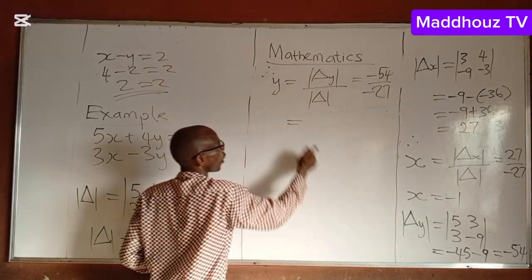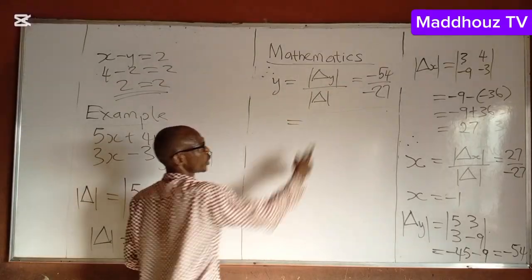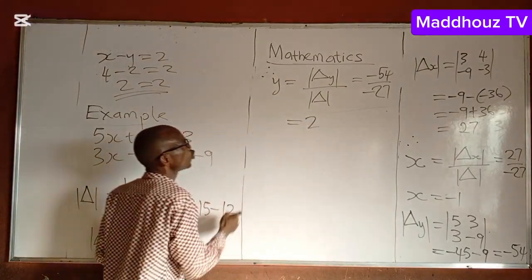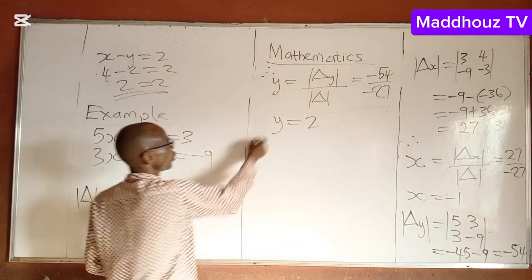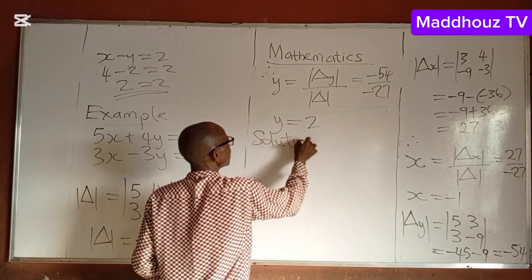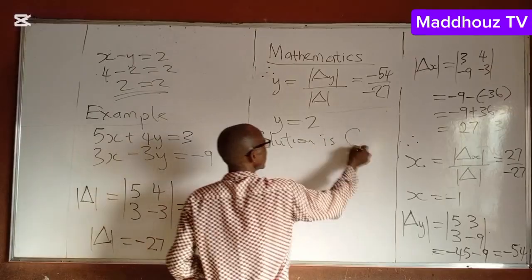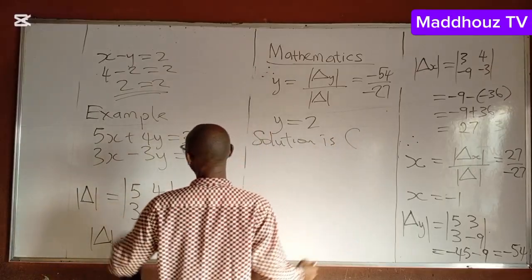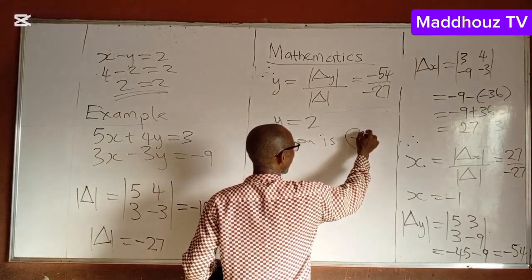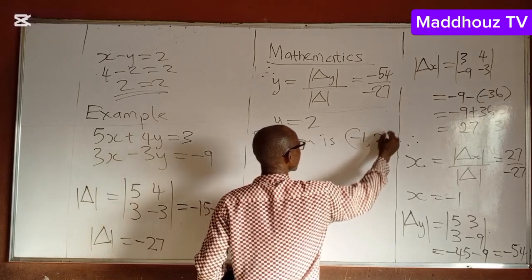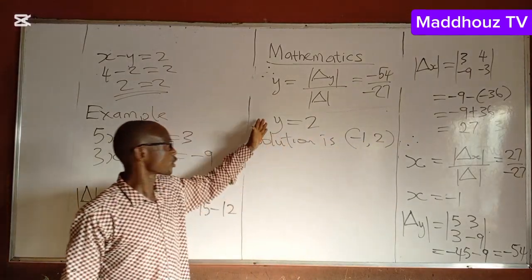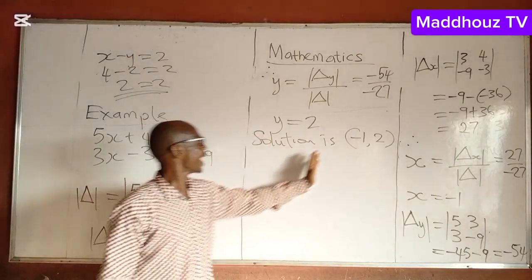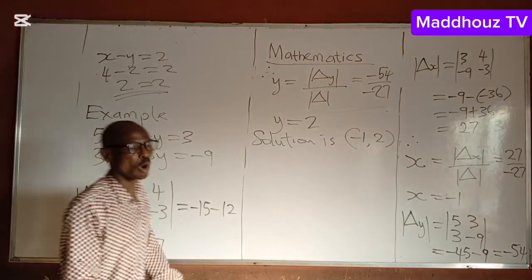Minus divided by minus becomes plus. 54 divided by 27 gives us 2. So our y is equal to 2. So our solution is: x is minus 1 and y is 2. In writing our solution this way, it normally follows alphabetical order, x comes first before y.